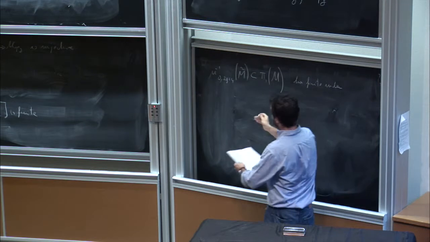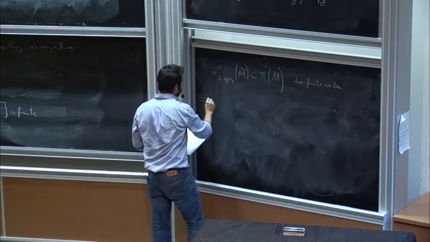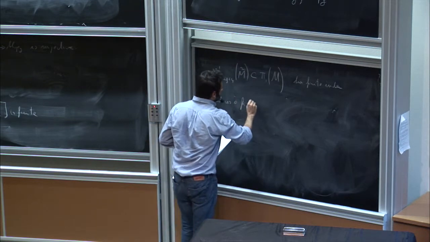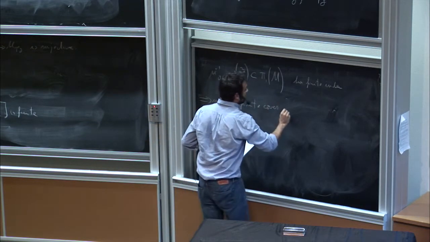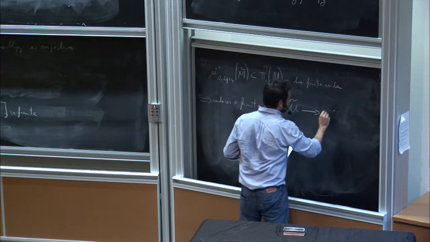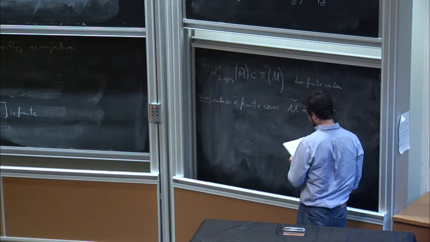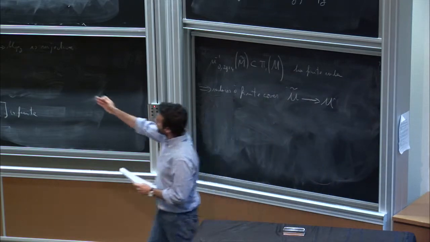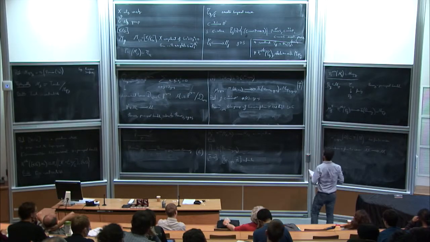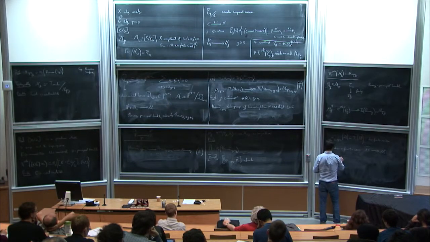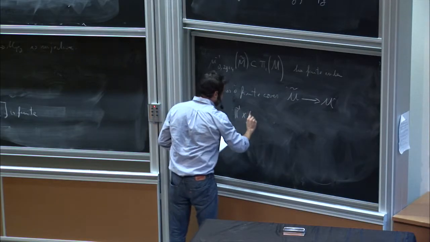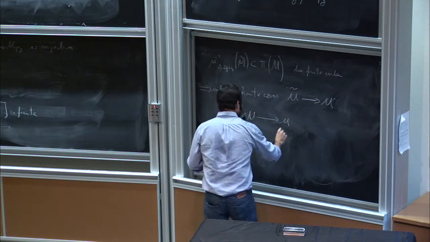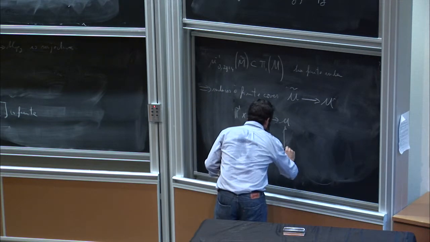So this induces a finite cover U tilde to U, and if we have used that projective bundle over there, we can construct a commutative square by pulling back this to U tilde.